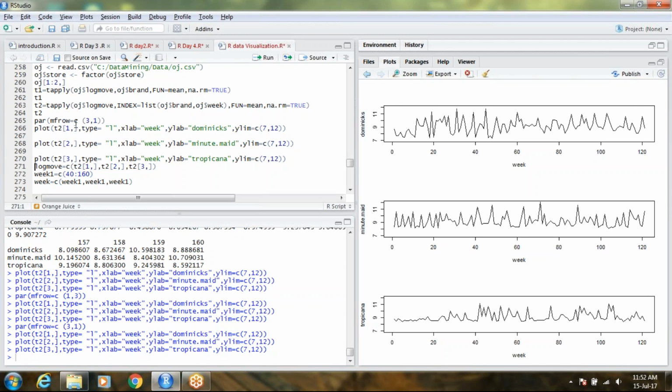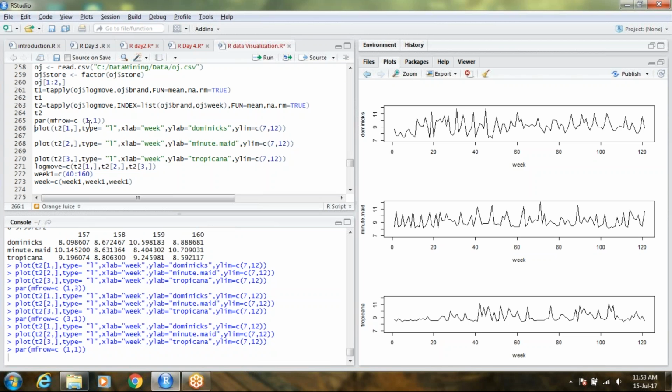This is actually a good technique to accommodate more than one graph in a particular manner. Let me set it to 1 comma 1 so that I get only one graph.